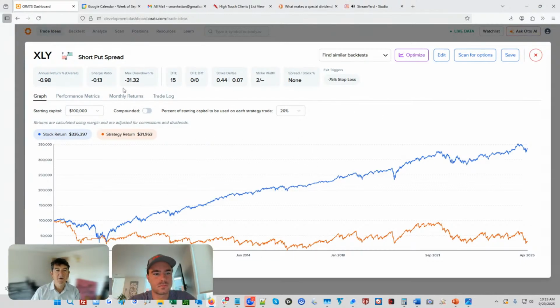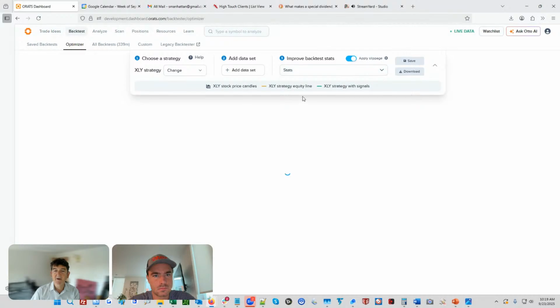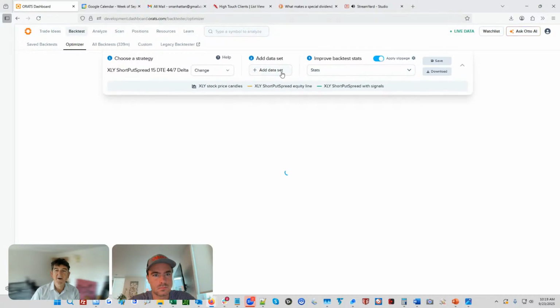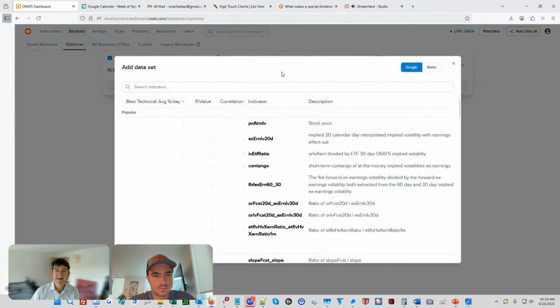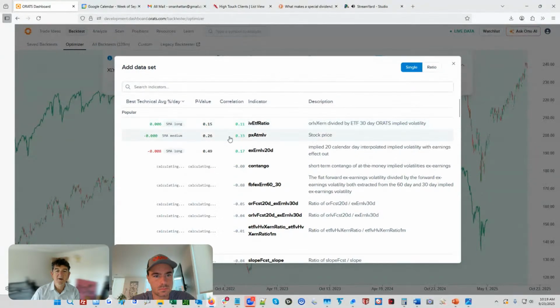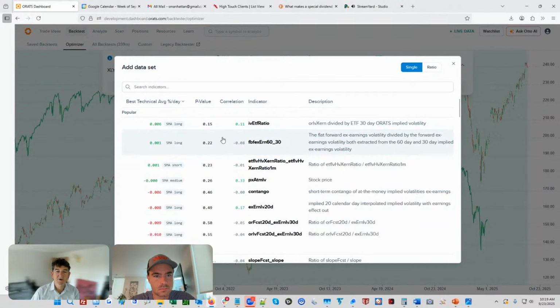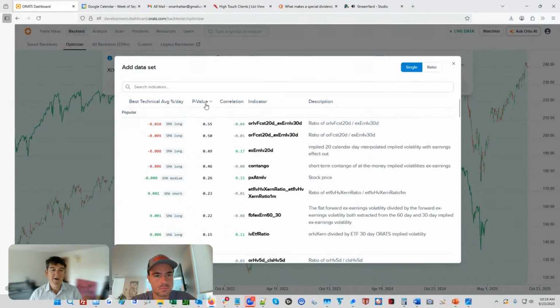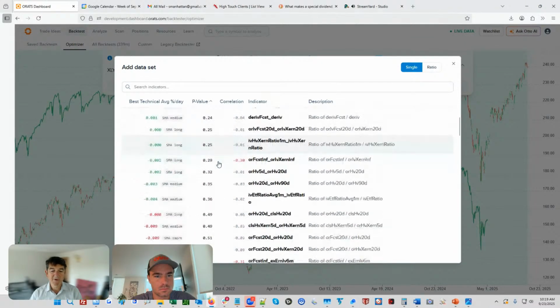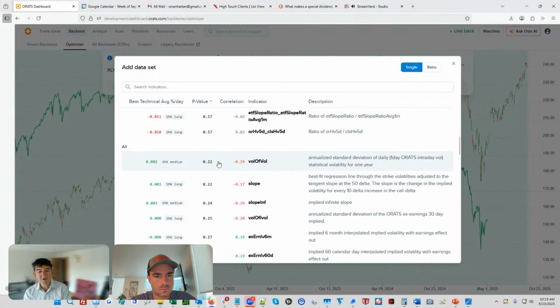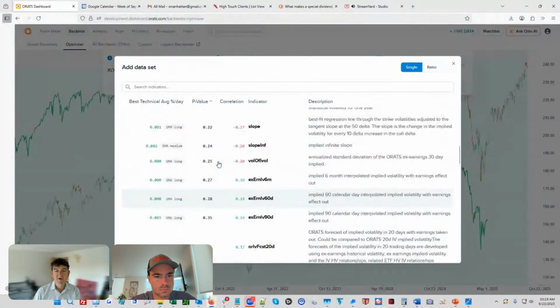Actually, it doesn't look that good, but when you go and optimize it, by clicking here, you can find various indicators that improve the strategy. And what we're looking for is a lower p-value. You want it under 0.20, and I like to sort on these. But sometimes you can get them under 0.10 and sometimes under 0.05 for our indicator.